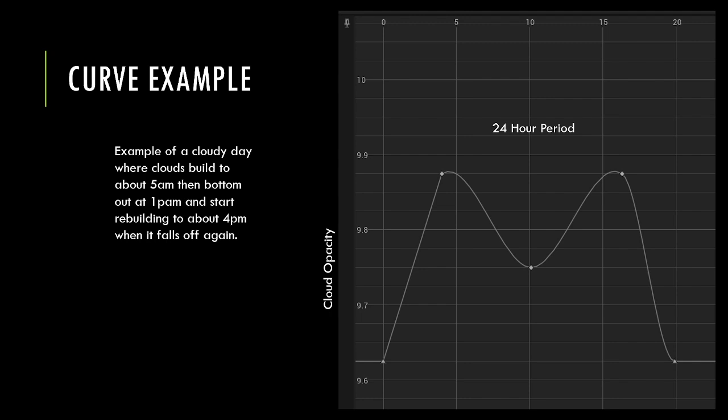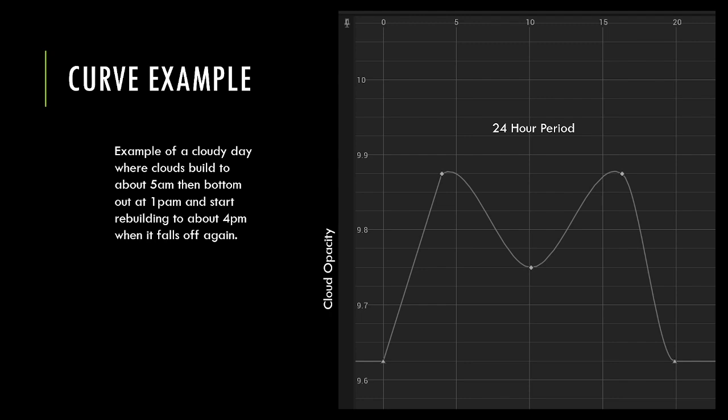Most of it occurs in the cloud opacity building towards 5 a.m. Then it's kind of peaking around 5 a.m. Then the cloud opacity is coming down till around 10 a.m. Then it's rising to 15, which would be 3 o'clock in the afternoon. And then cloud opacity starts to dissipate from there downward through the evening. So that's an example of some of the curves. All the curves are tweakable and adjustable to get the visual effects that you're looking for.